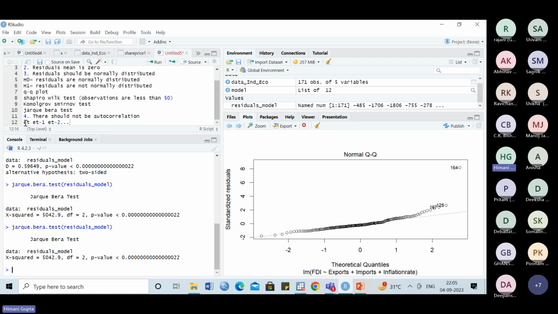September advertisement is known as ET, August advertisement as ET minus 1, July advertisement as ET minus 2, and June advertisement as ET minus 3, because that is the advertisement I gave three months back. So three lags are there. It can happen that the advertisement I gave in August is having an impact in September.